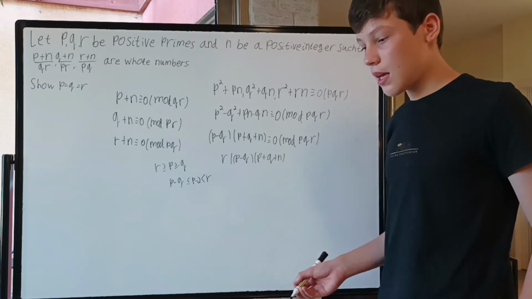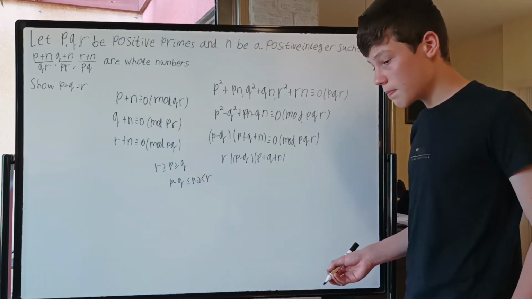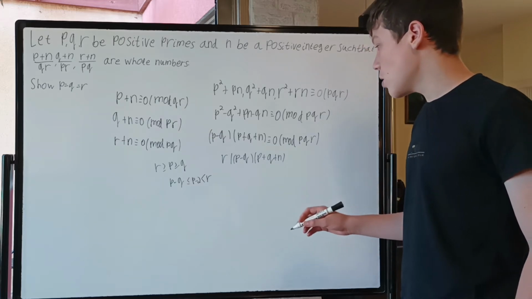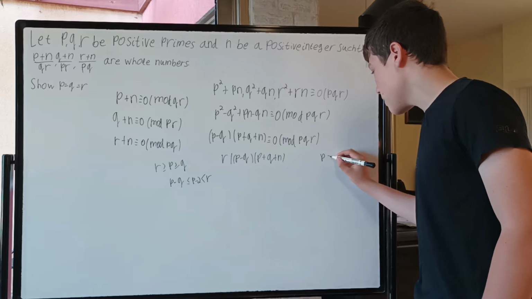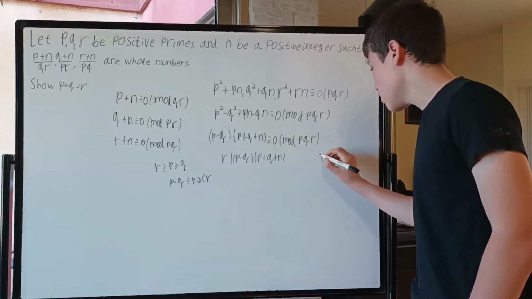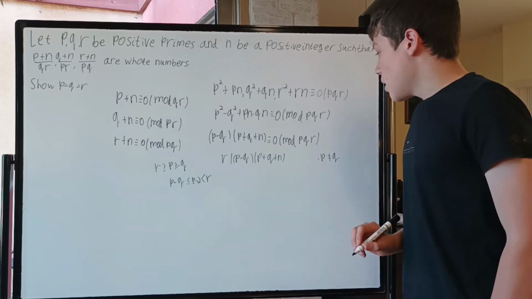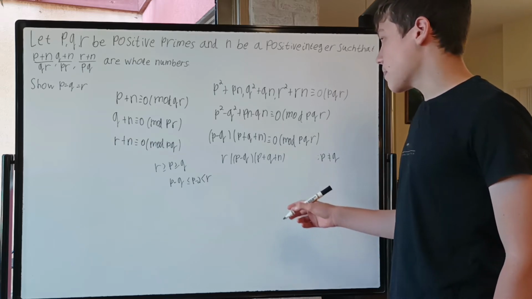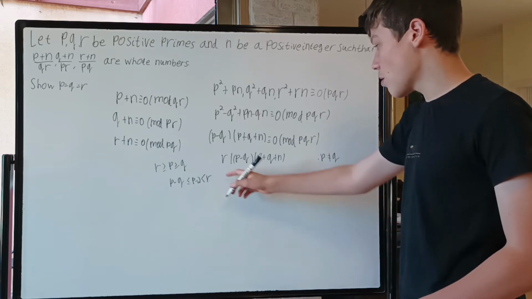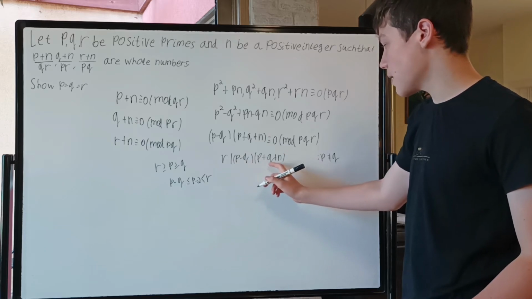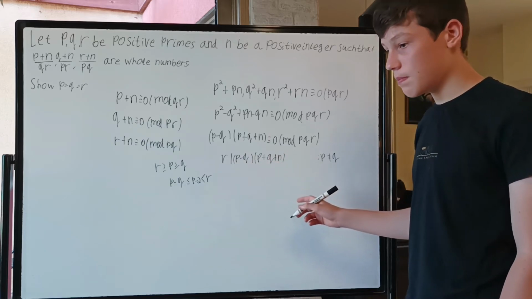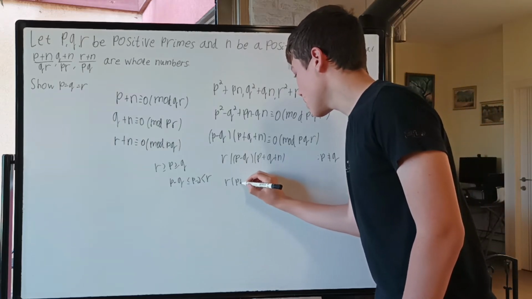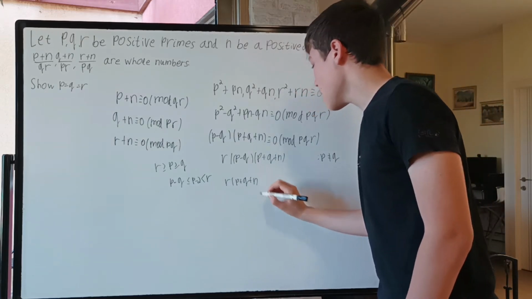Unless that number is 0. Well, let's actually assume that P is not equal to Q. So in this case where P is not equal to Q, R cannot divide this number, so it has to divide P plus Q plus N. So R divides P plus Q plus N.